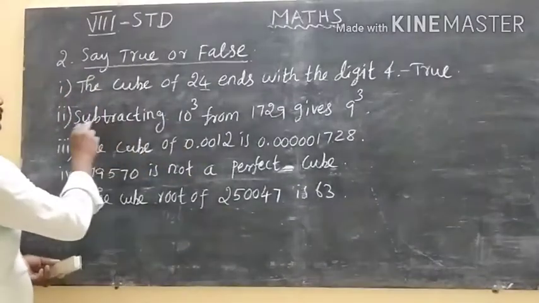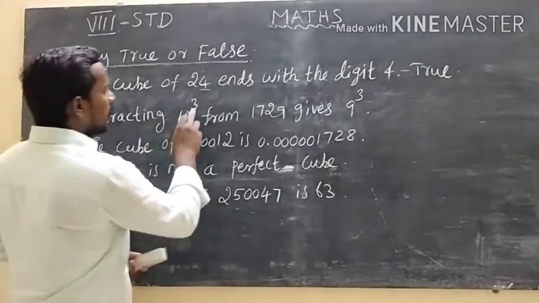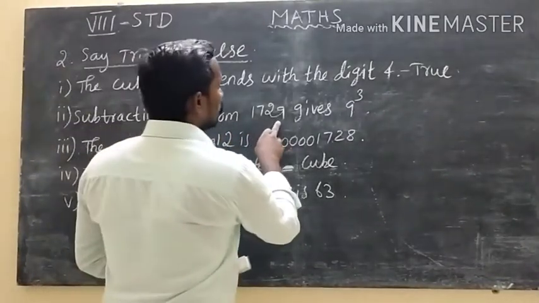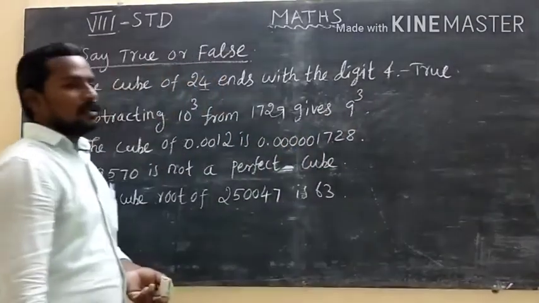Next, second question: subtracting 10 cube from this value gives 9 cube. Is it or not?